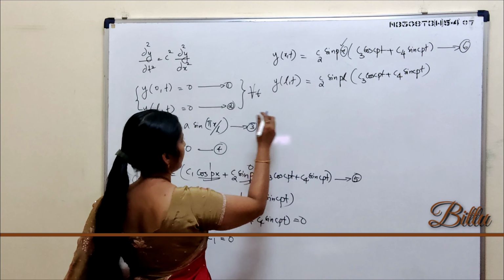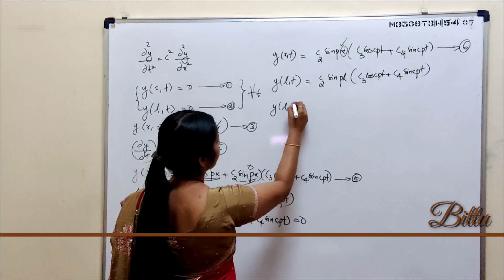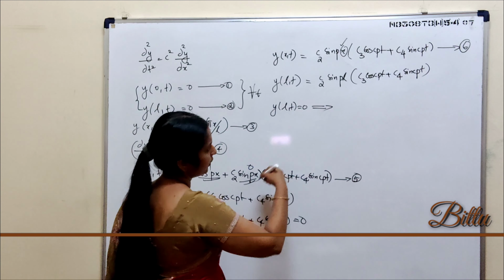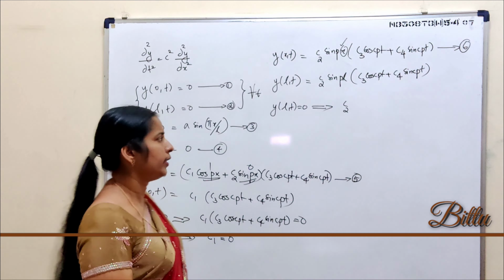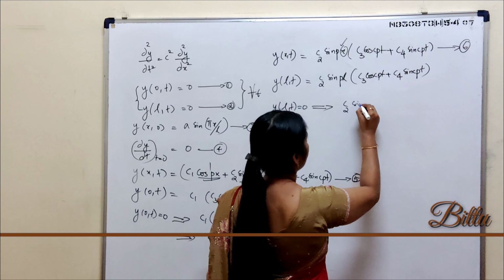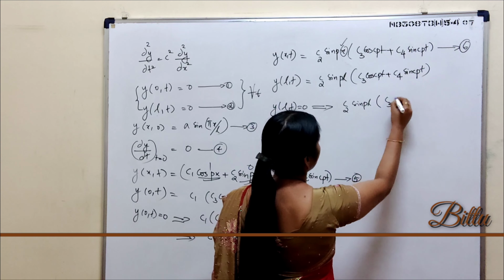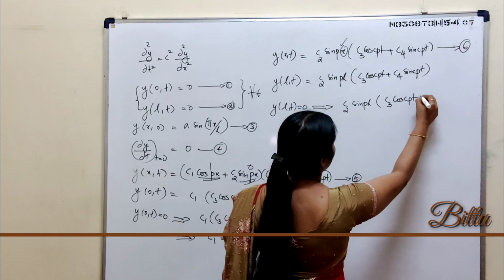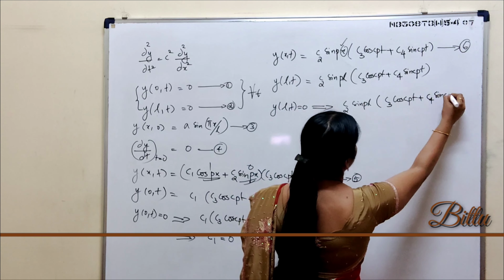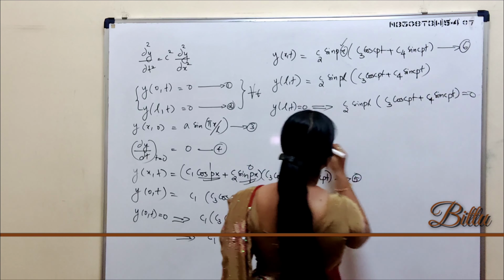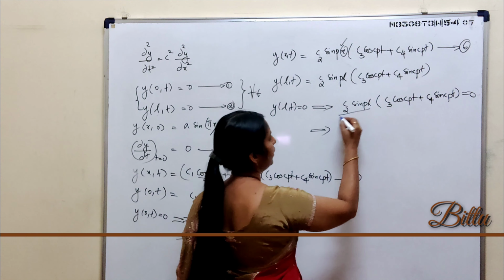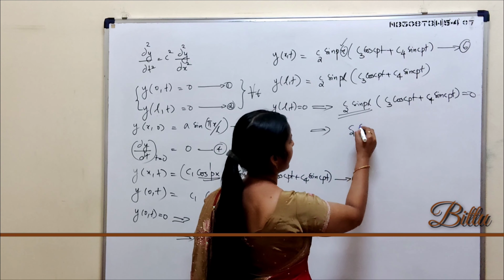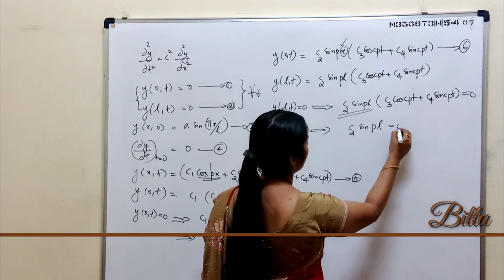By the second condition, y(l,t) = 0, which implies c2 sin pl (c3 cos cpt + c4 sin cpt) = 0. This product is 0 only if c2 sin pl = 0.